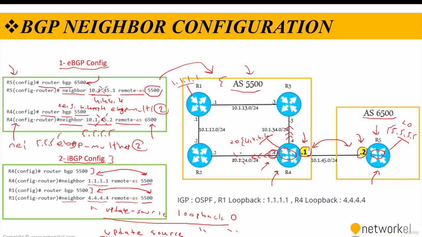So the second thing that I need to be aware of is IBGP peering is not required to be directly connected. I can even go ahead and create an IBGP peering between router 1 and router 4 as I showed you. But IBGP peering is most of the time over the loopback interfaces.